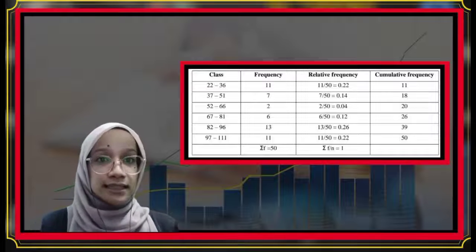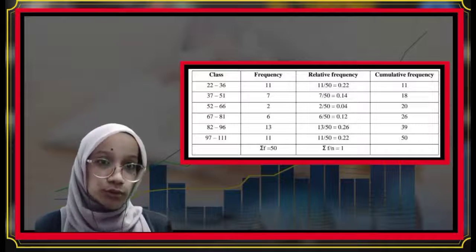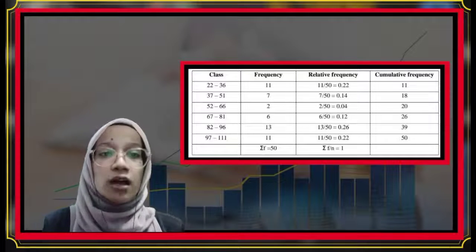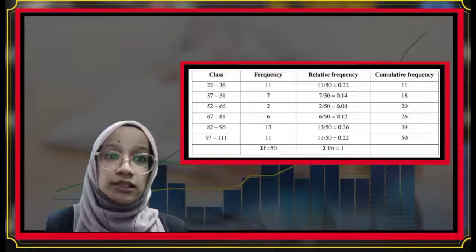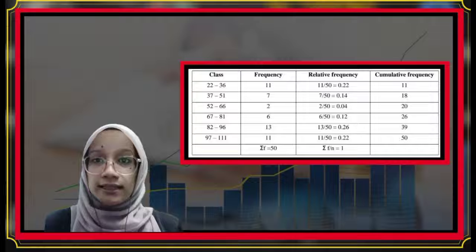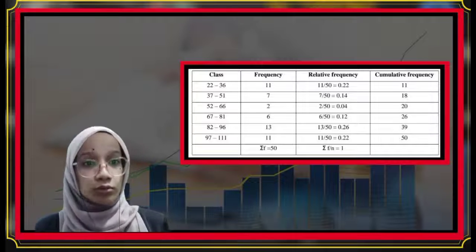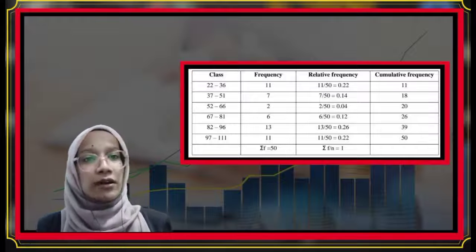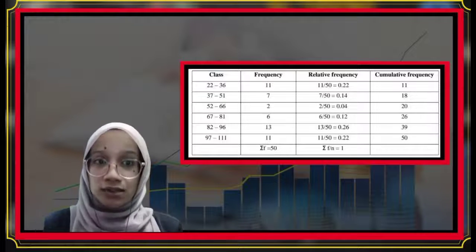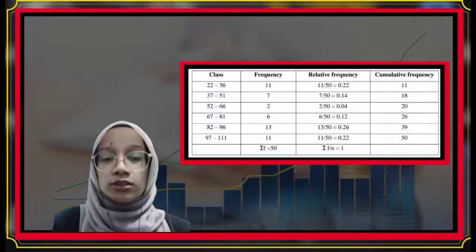So it must be like this. 11 divided by 15 equals 0.22. 7 divided by 15 equals 0.14. 2 divided by 15 equals 0.04. 6 divided by 15 equals 0.12. 13 divided by 15 equals 0.26. And the last one is 11 divided by 15 equals 0.22.